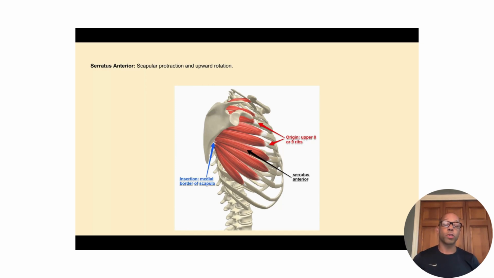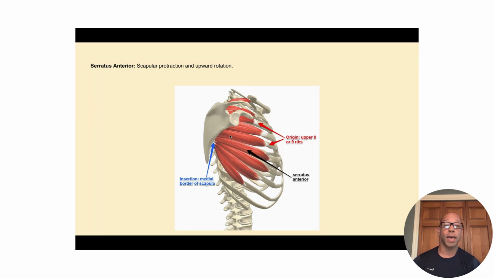So scapular protraction basically just means that my scaps are coming forward. So they're coming forward towards the anterior part of my body. So if I were to cross my arms over this way, let's say, my scapula would be moving forward on my rib cage. And so if you see where these muscles are going, their fixed attachment is right up here on the rib cage.